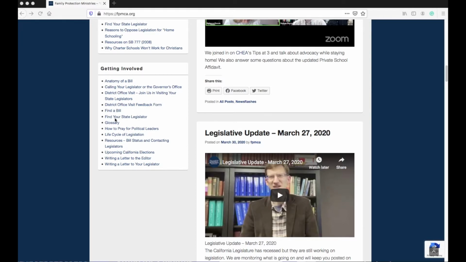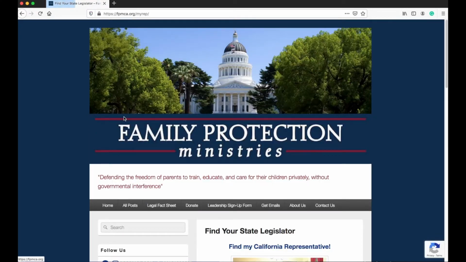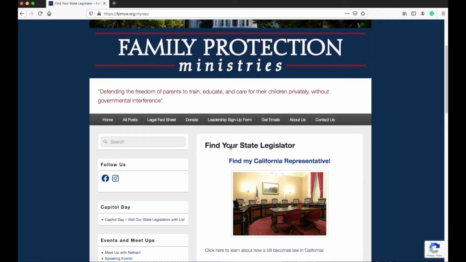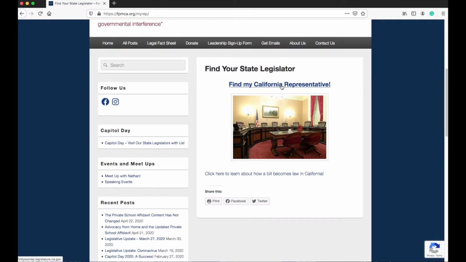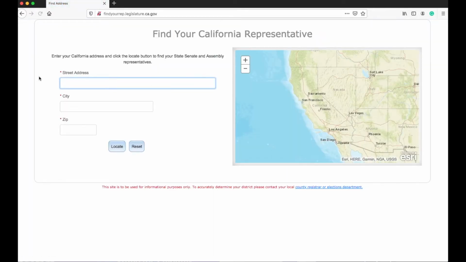Find Your State Legislator right here, and we're going to go there, and that takes us to a website that is run by the state legislature that helps you find who represents you. So let's click Find My California Representative, and you have this information here about where you live. You put in your street address, because that's how you find out who represents you.